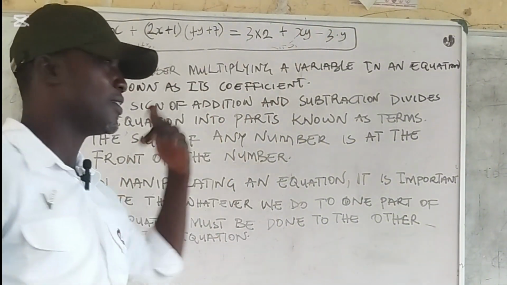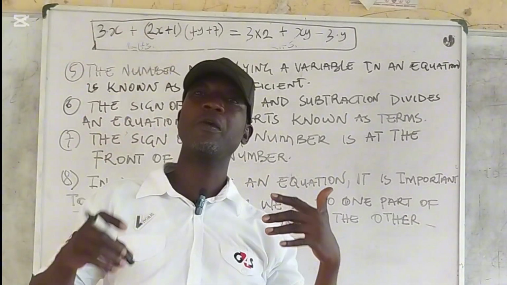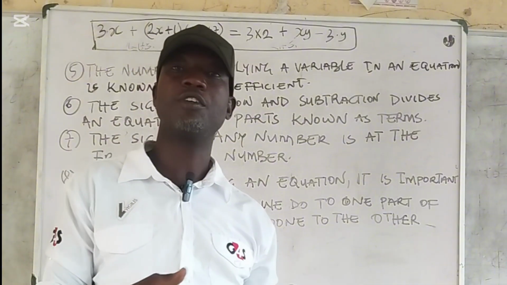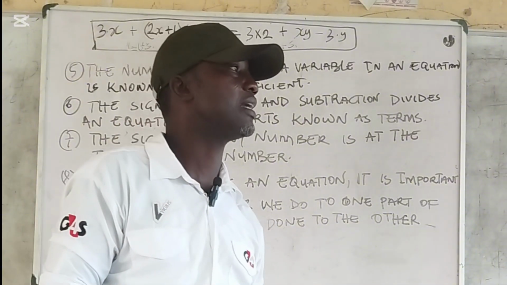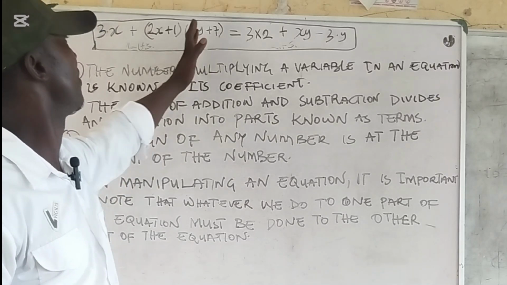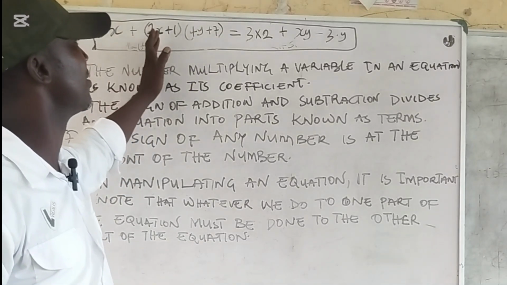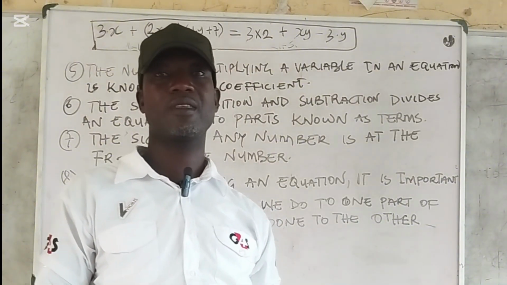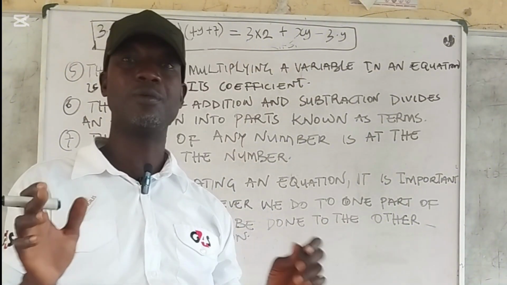So when you want to manipulate an equation, probably with the aim of solving it, just take note that whatever mathematical operation you carry out on one part of the equation must be replicated on the other part of the equation. That is the golden rule.